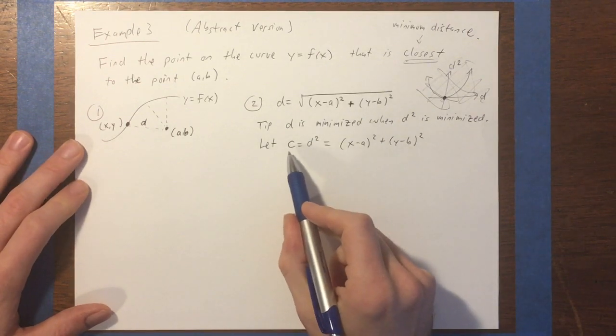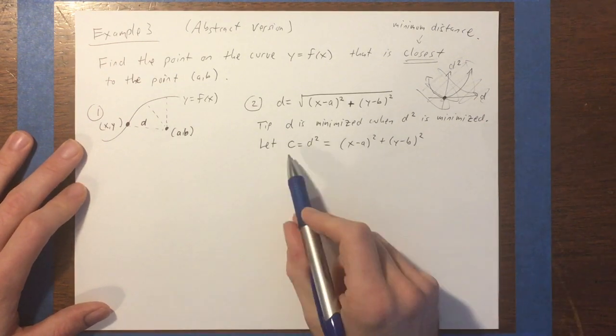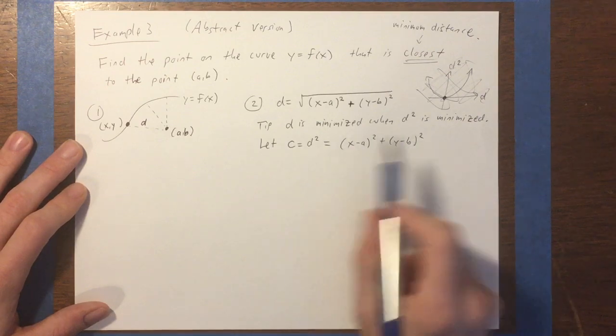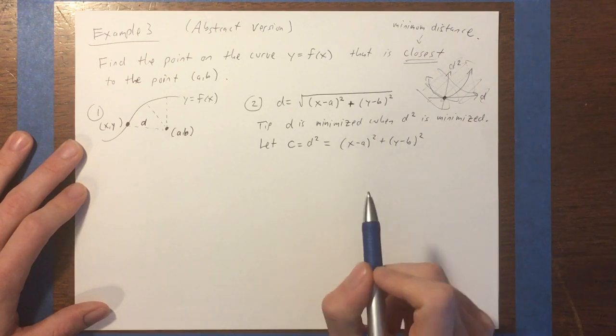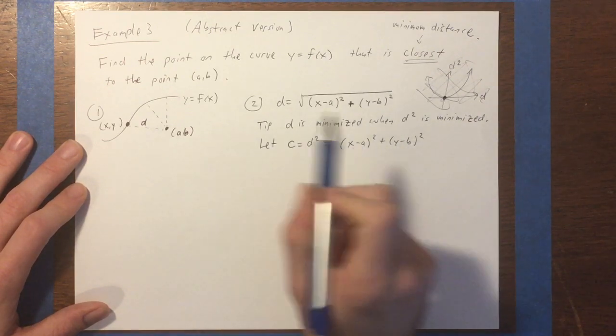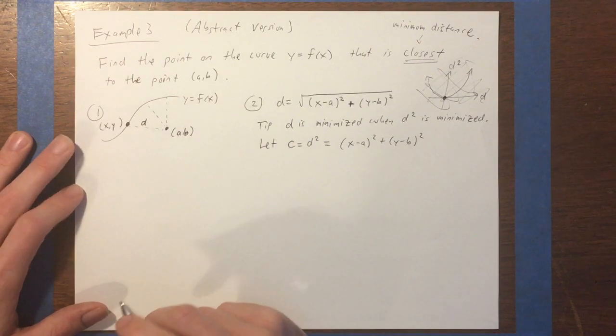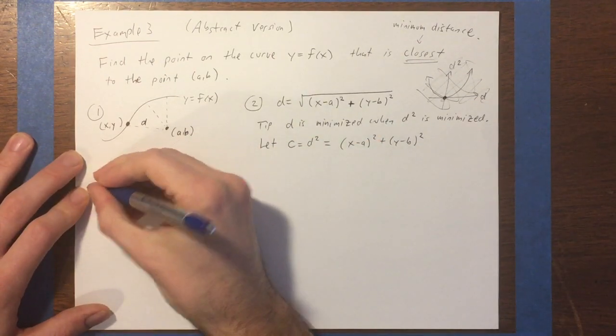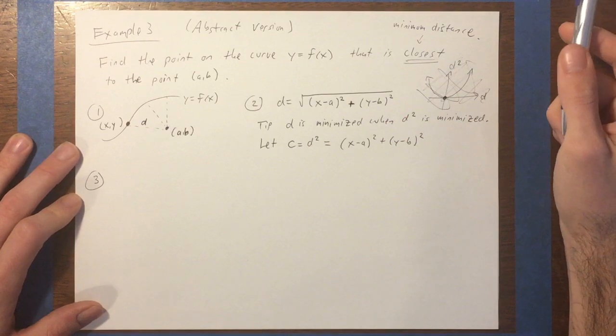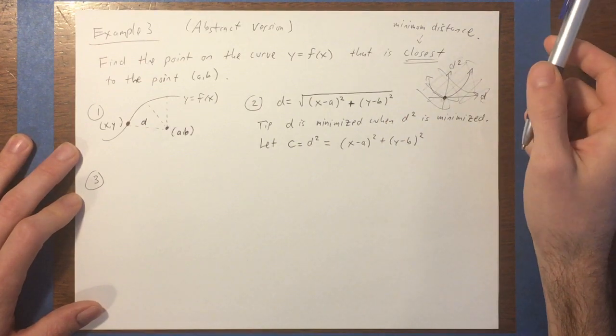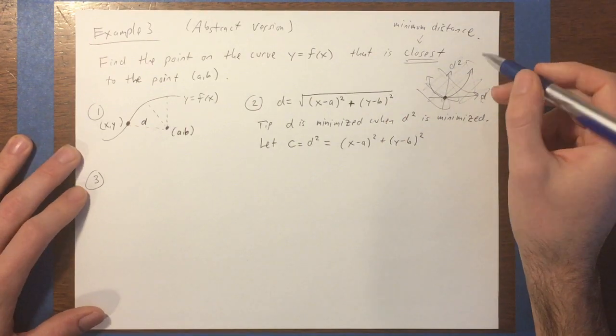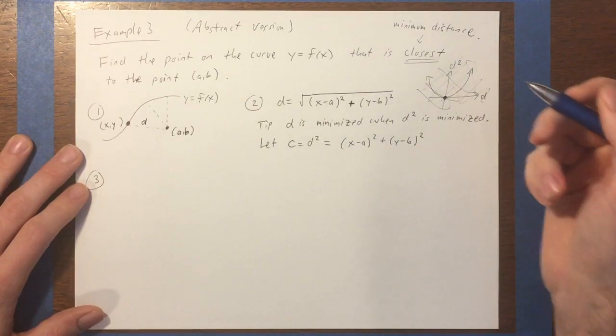So now let's try to minimize the value of C, right? And whatever x and y we get that minimizes C is the same x and y that's going to minimize the D value. So now step 3 is to figure out a secondary equation. The secondary equation for this is the constraint.